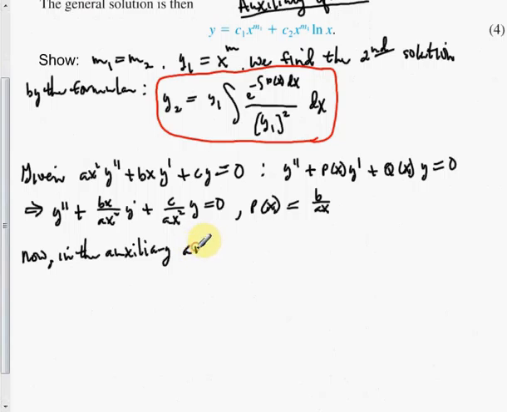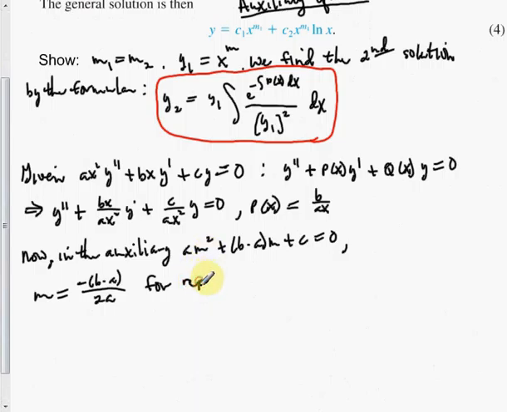You have am squared plus b minus a times m plus c equal to 0. m is equal to negative parentheses b minus a over 2a for repeated roots.